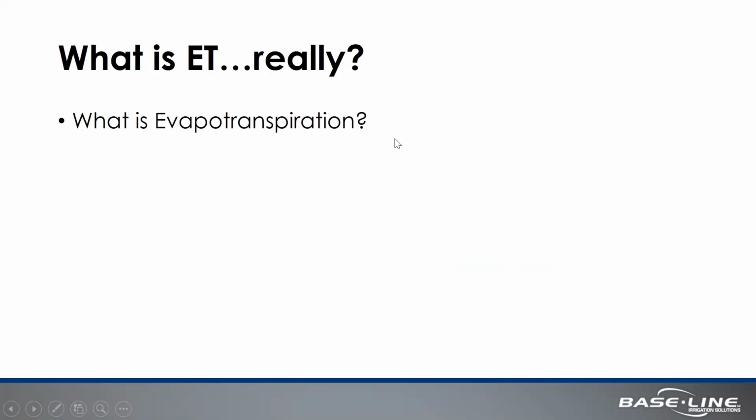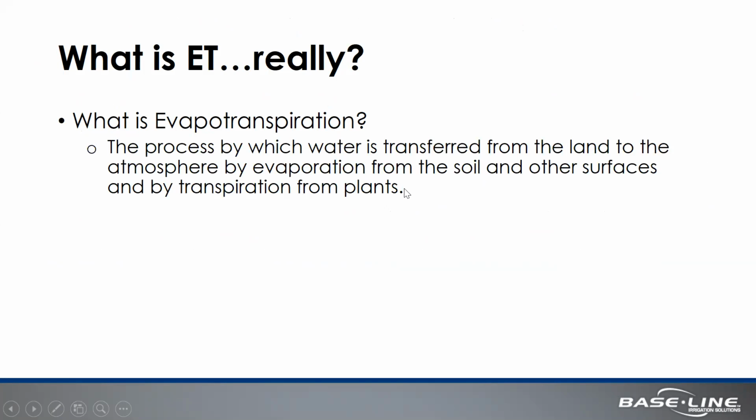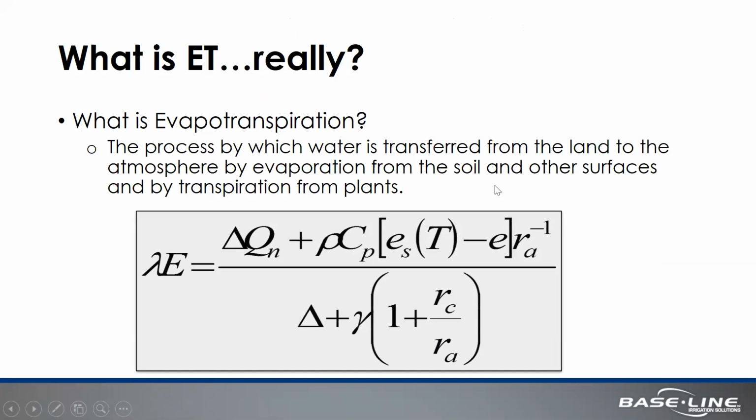So as we look at ET, evapotranspiration, I'm sure all of you that are watching are familiar with what the definition of evapotranspiration is. And as we look at this technology and this science as we apply it to irrigation controls, this is the Penman-Monteith formula for evapotranspiration.